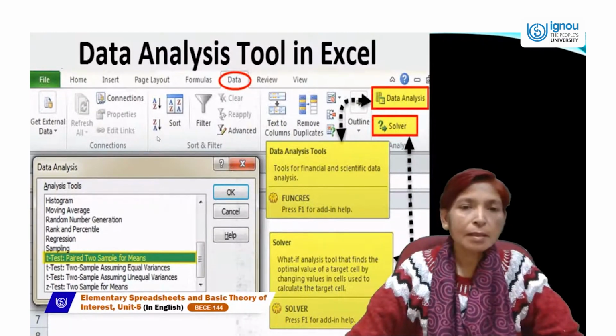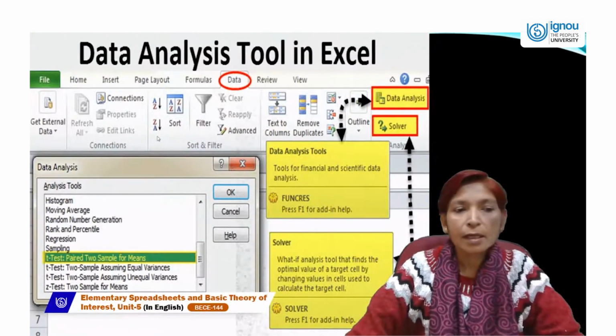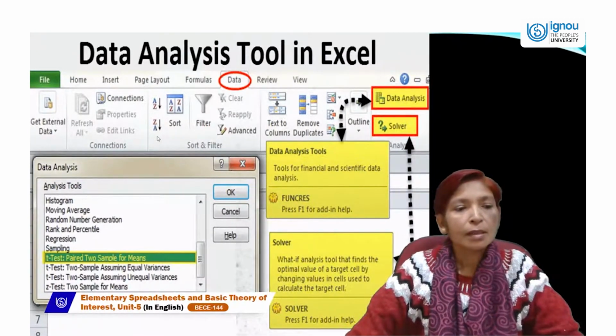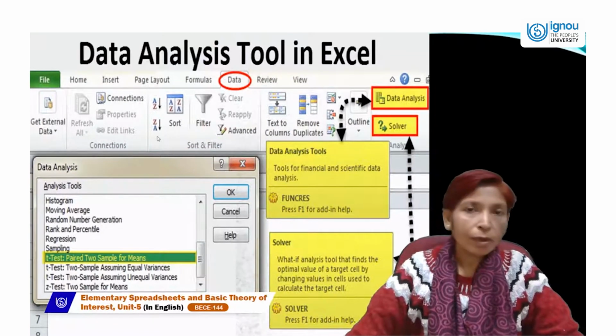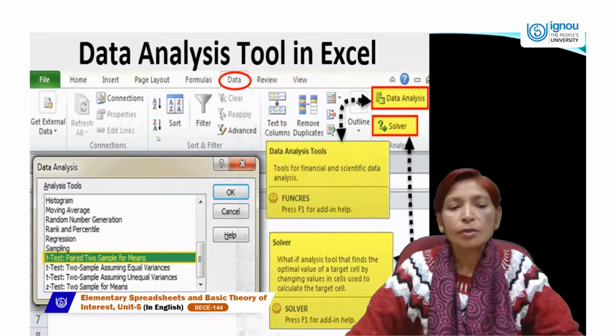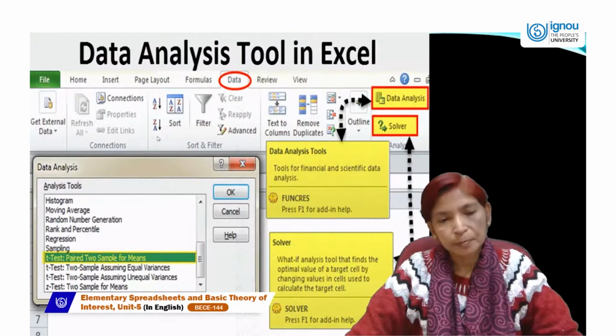We will open this data, then we will find that there are so many analysis tools like histogram, moving average, random number generation, rank and percentile, regression, sampling, t-test paired two sample for means, t-test two sample assuming equal variances, t-test two sample assuming unequal variances, and z-test two samples for means.